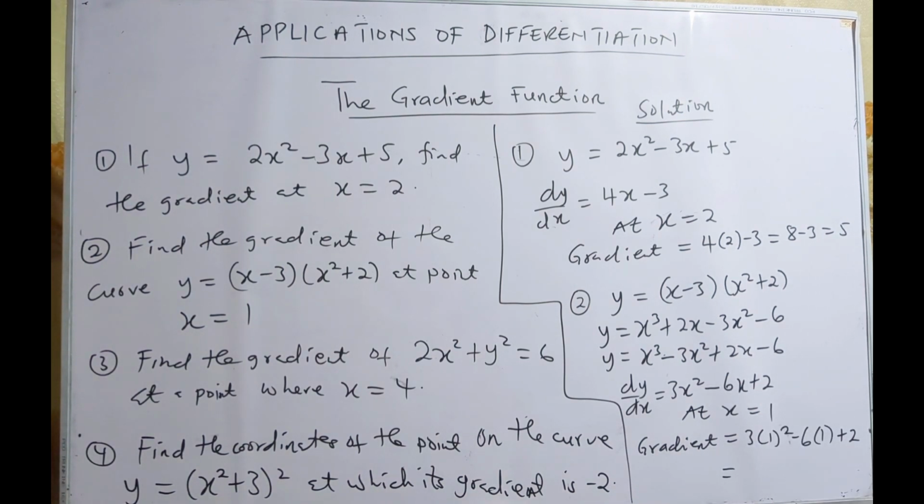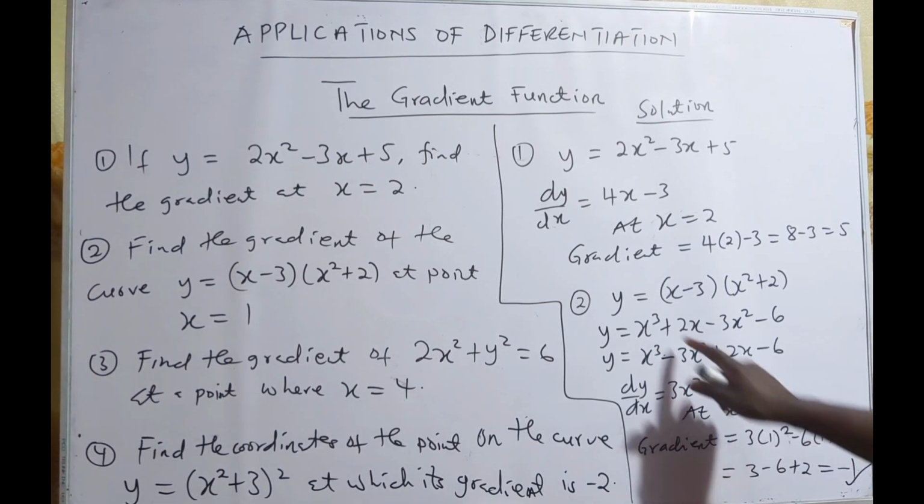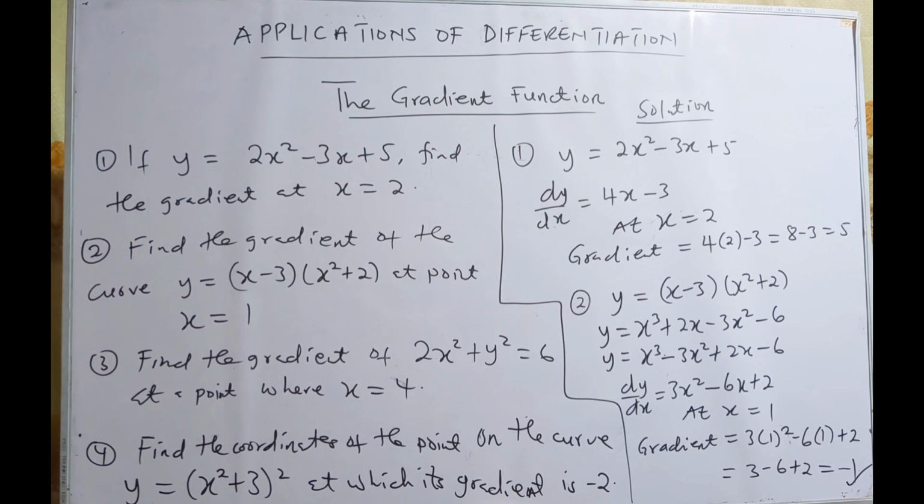So 3 times 1 squared will give me 3, minus 6 times 1 will give me minus 6 plus 2, and then 3 minus 6 is minus 3, plus 2 will give me minus 1. Okay, so at x equal to 1, at a point on the curve, the gradient is negative 1.